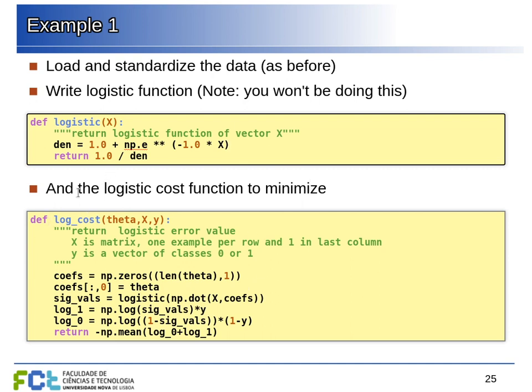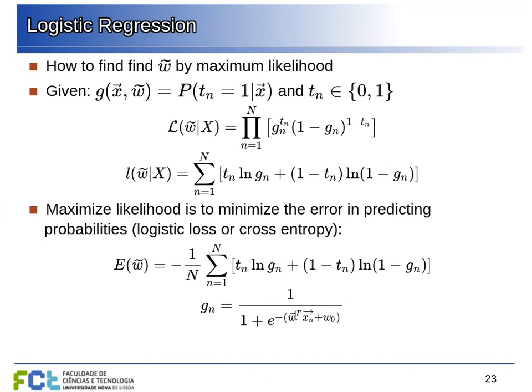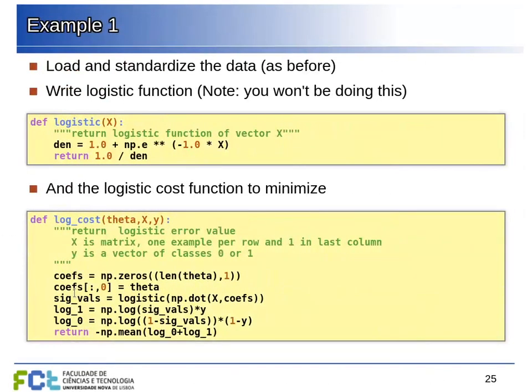Okay, so now here we create the cost function. We receive the coefficients. These are the w's here all together, and we receive the x values, the coordinates of our points, and the y, which are the labels for the class. The labels in this case are 0 or 1.